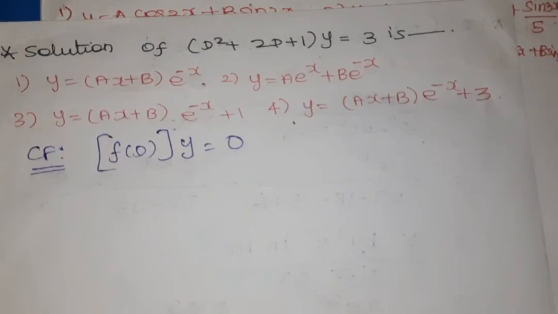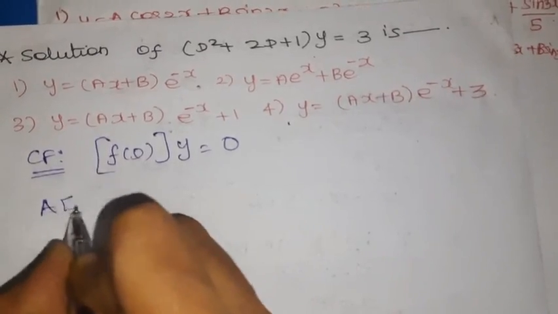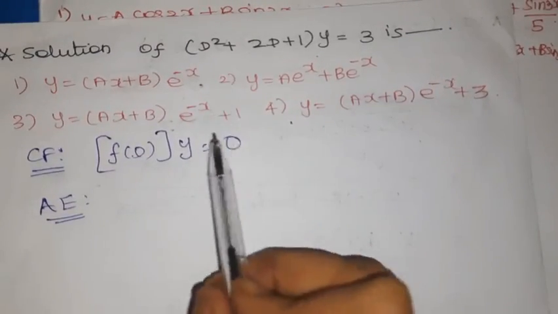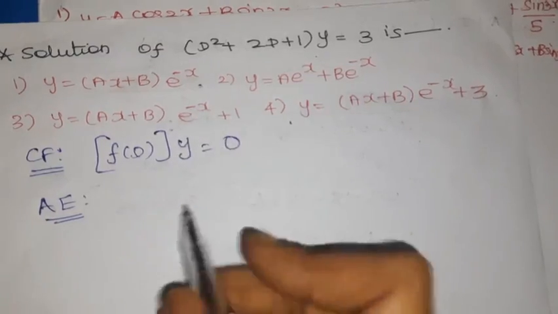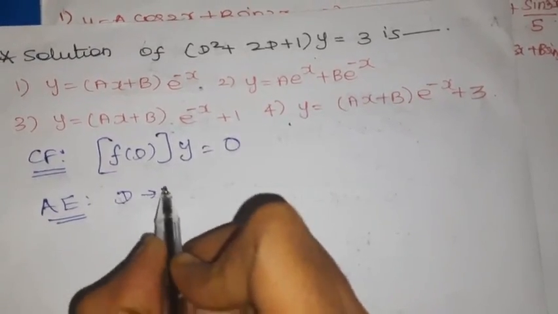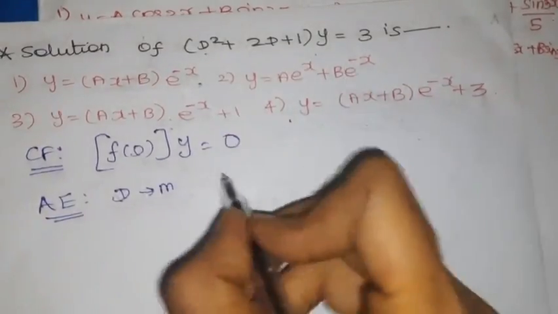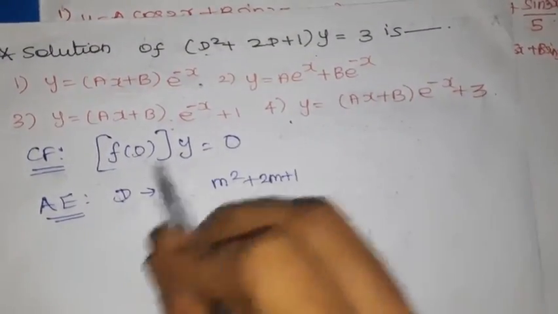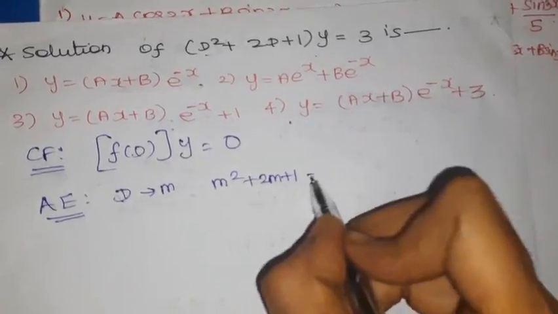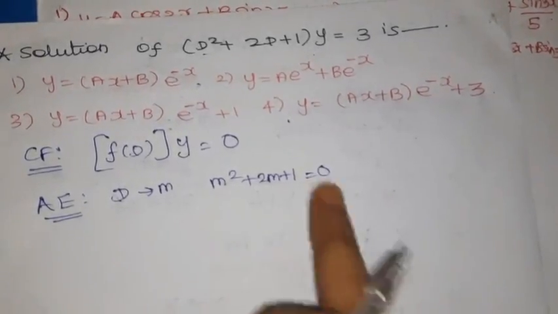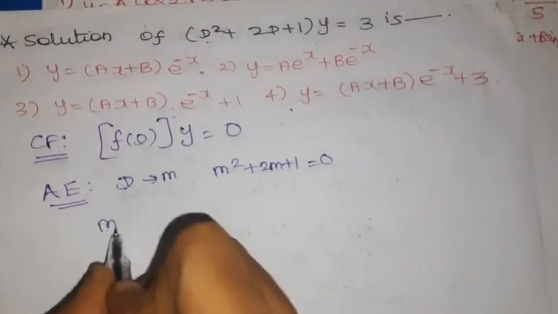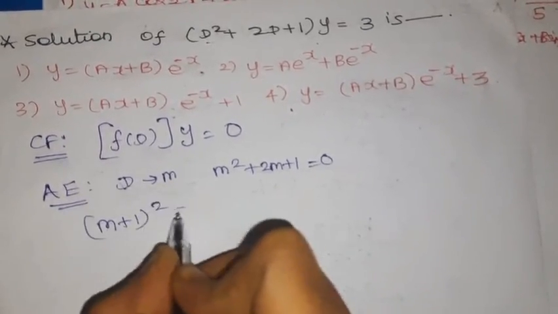Then what is the next step? To form the auxiliary equation, in short AE. How do we form the auxiliary equation? It is nothing but replacing d by m. So m squared plus 2m plus 1, with the right hand side equal to 0. Then we need to find the roots. It is nothing but m plus 1 the whole squared equal to 0.